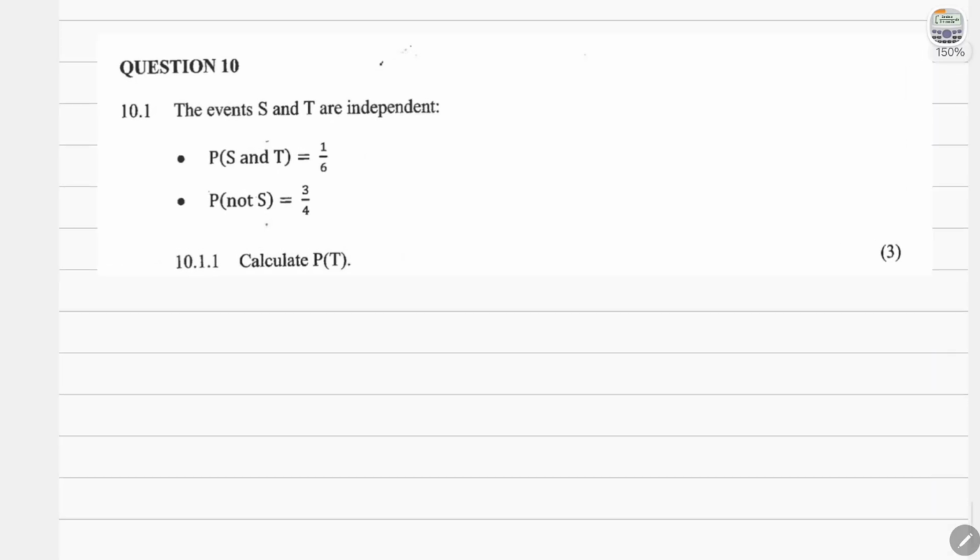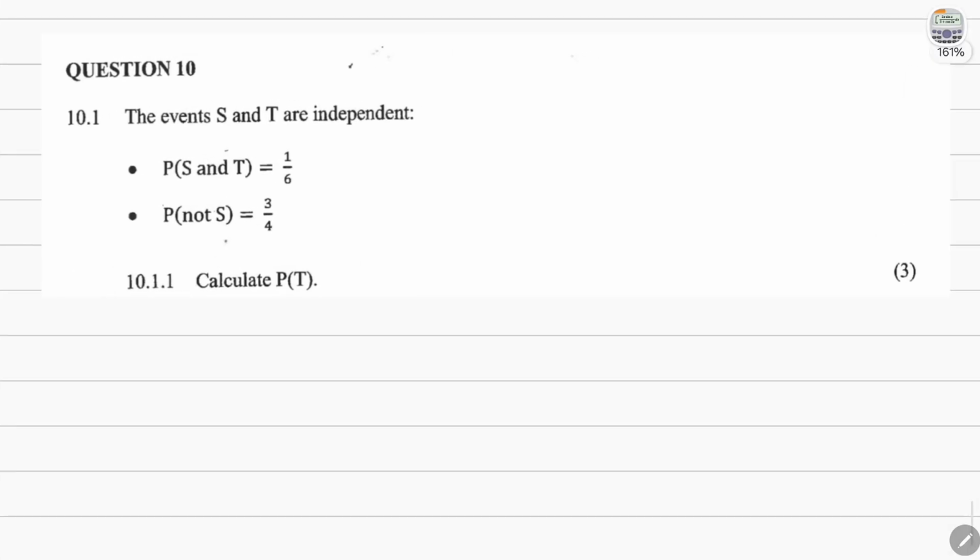Question 10.1 says, the events S and T are independent. Just remember what it means for events to be independent. This means that, speaking about S and T, the probability of S and T is equal to the probability of S multiplied by the probability of T. And then they tell us that the probability of S and T is 1/6.